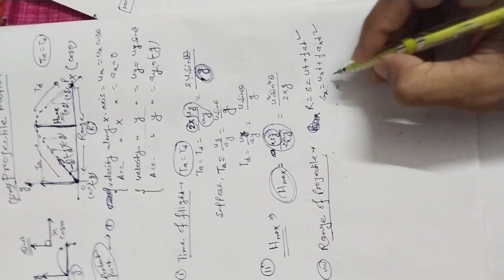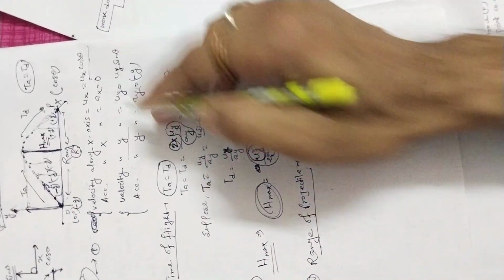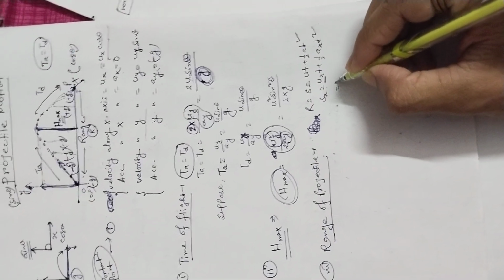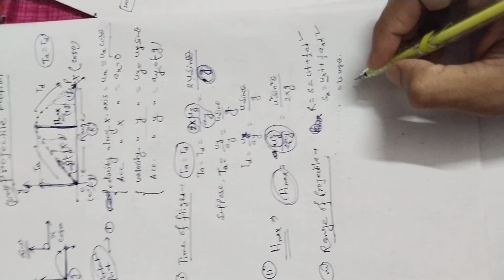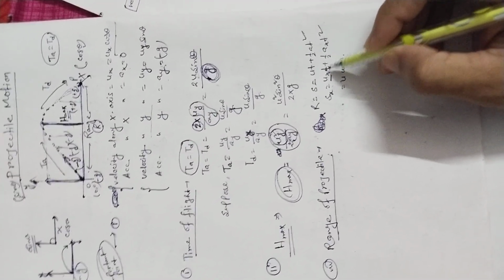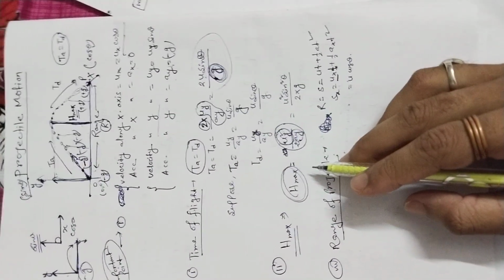So, sir, ux equals u cos theta, or you can write u cos theta. And t, what is that? The t means time of flight. What is the time of flight? Time of flight is 2u sin theta by g.